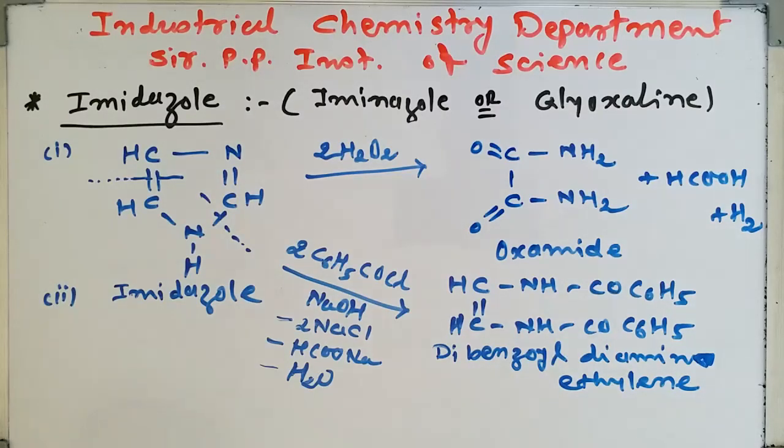When we treat imidazole with acetyl chloride and acetic anhydride, there is no reaction, but when we treat it with benzoyl chloride, C6H5COCl, in the presence of NaOH, it opens the ring to form dibenzoyl diaminoethylene.